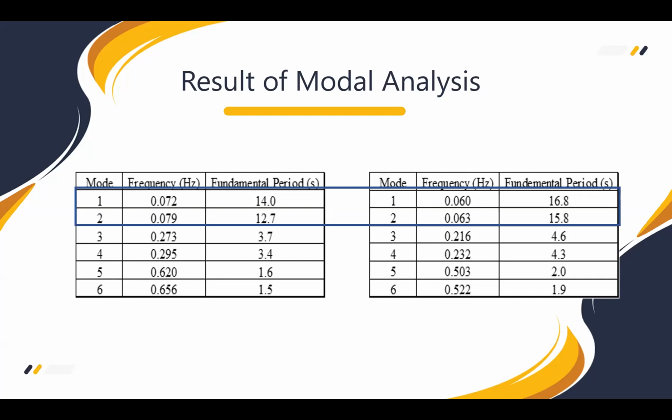The result indicates that the structure with a pile foundation system would have a smaller natural frequency, but a larger fundamental period. This indicates that the soil-pile interaction may increase the fundamental period of the building.